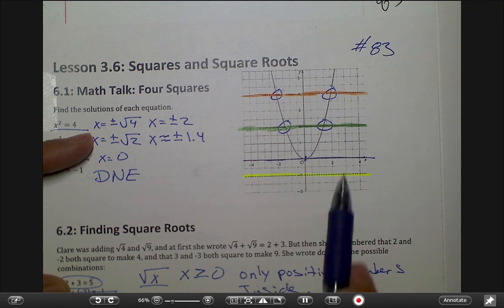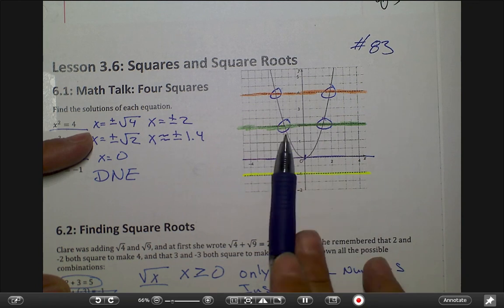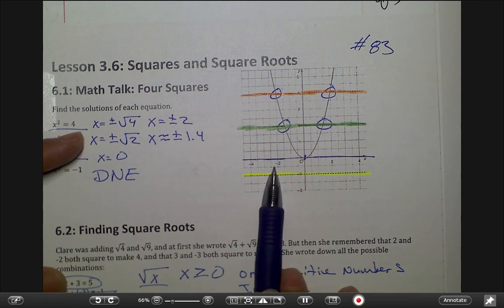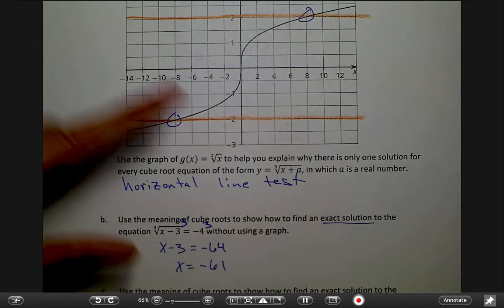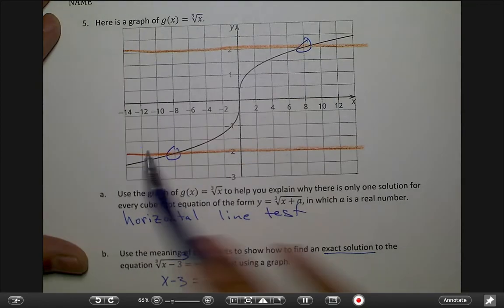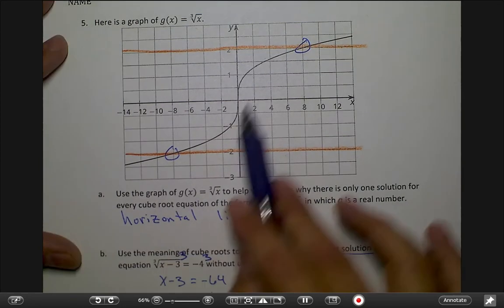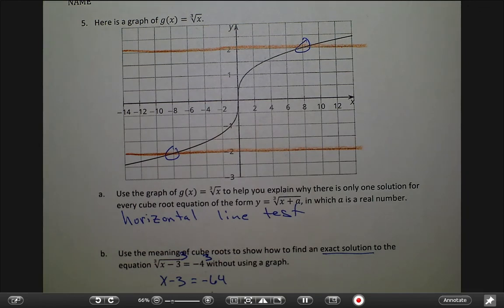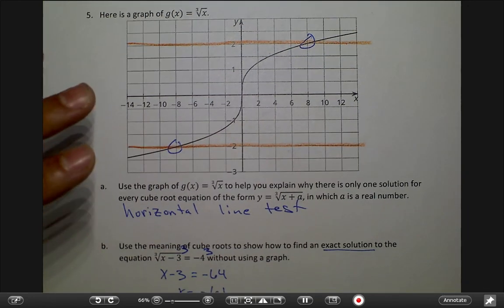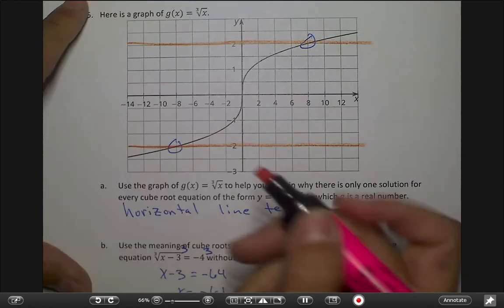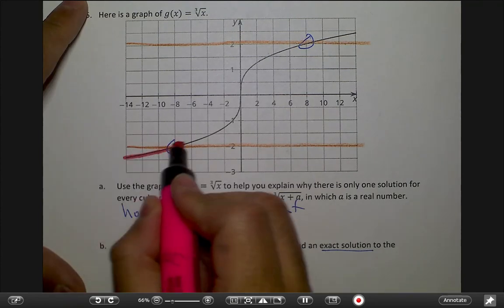Okay, so you get x equals 2, x equals negative 2. But in this case right here, for a horizontal line, is there anywhere that I'm going to actually cross my line more than once? No, nowhere. So that's why it's not going to work. And that's why it's called a horizontal line test.